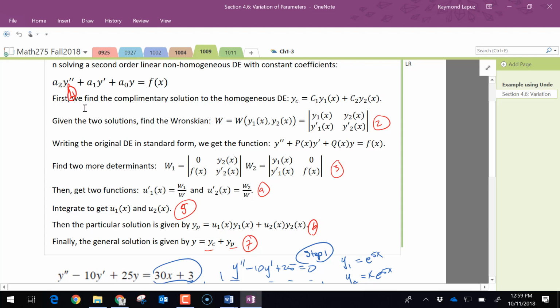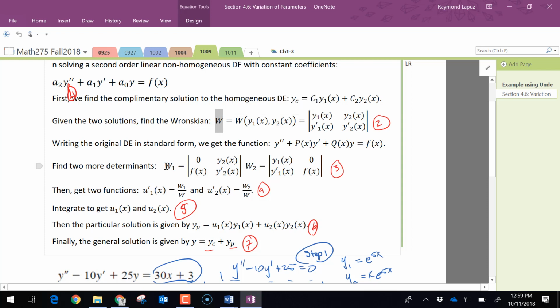It says here, first we find the complementary solution, and the complementary solution is a solution to the homogeneous differential equation. And then you would find the y1 and y2, or if there's more, then there's more. And then after you find those solutions, you find the Wronskian, and that's step 2.